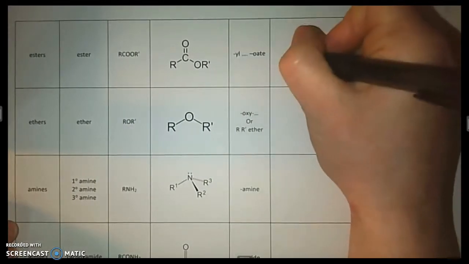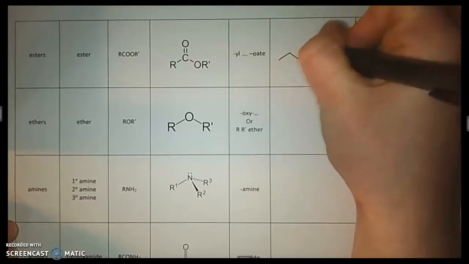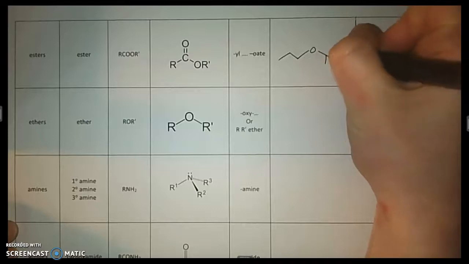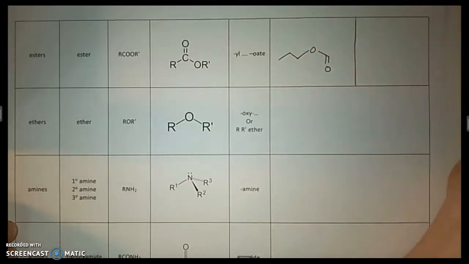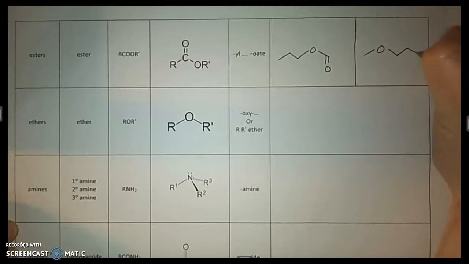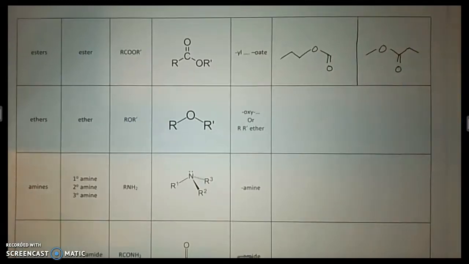So for this one, I'm going to draw 1, 2, 3 oxygen here, and my double bond to oxygen here. Okay, and for this one, like that. Okay, so those actually do look very similar, but the subtle difference between them is key.